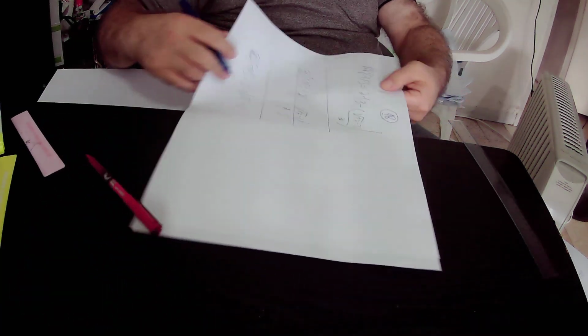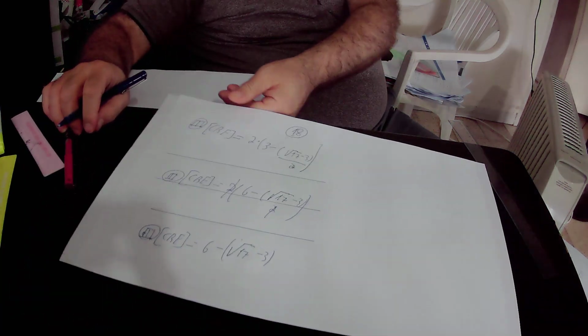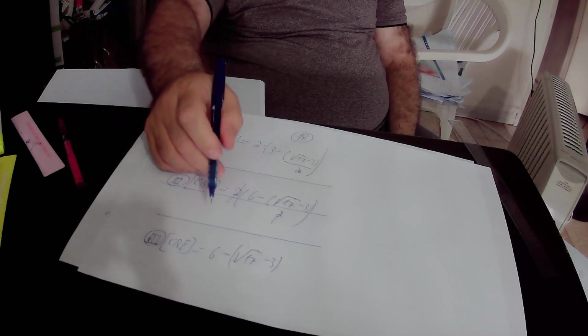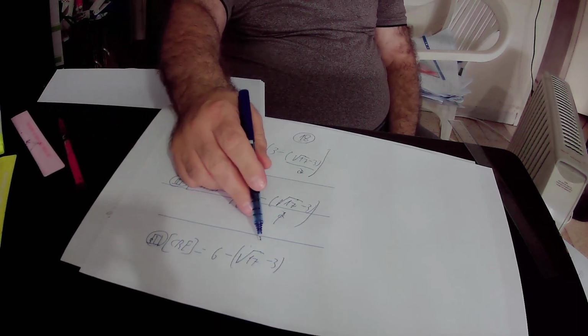The area of the green right triangle CBE equals 6 minus square root of 17 minus 3.